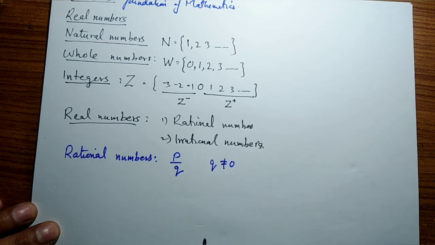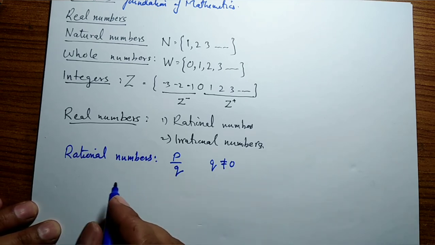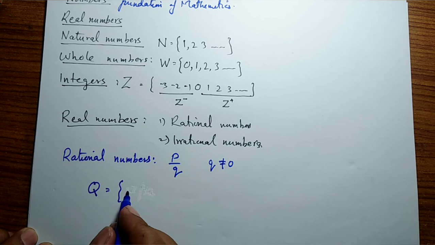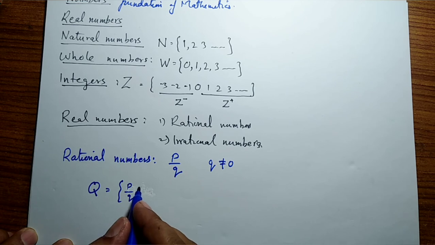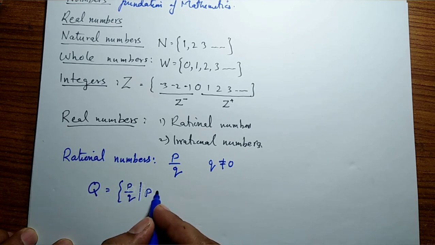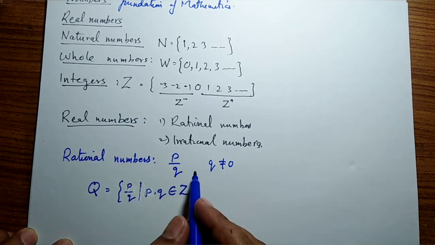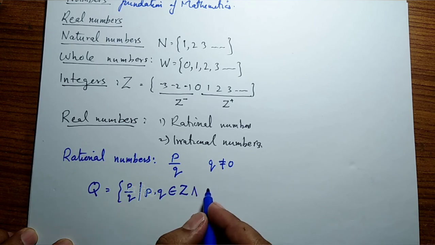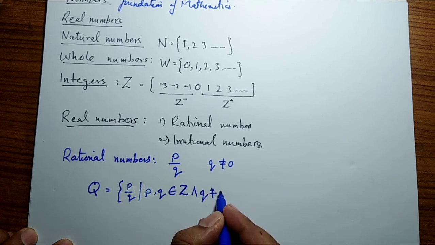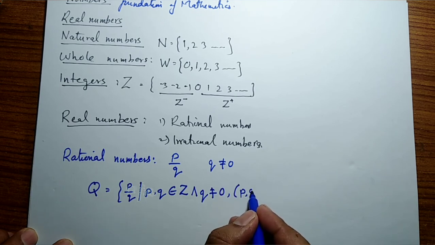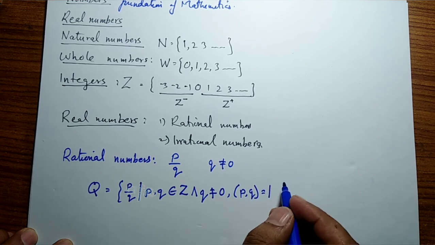In set builder notation, we represent rational numbers with capital letter Q, where P upon Q is a rational number such that P and Q belong to integers, and Q must not be equal to 0, where the HCF of P and Q is equal to 1.